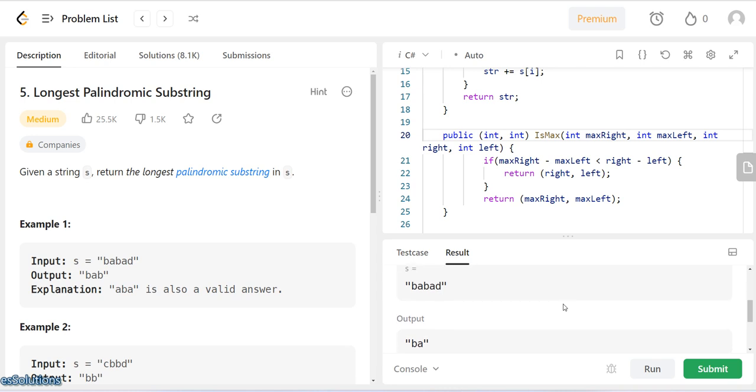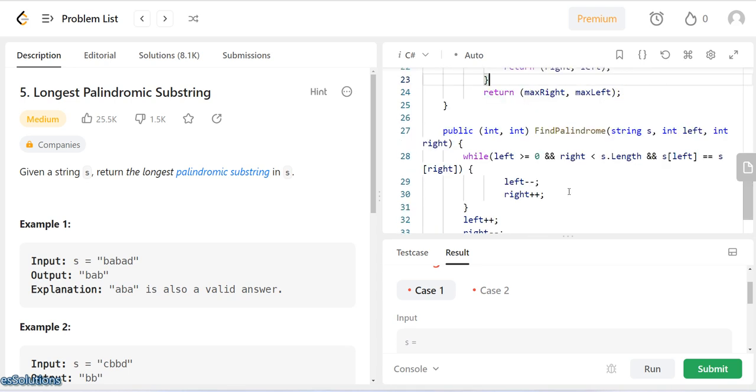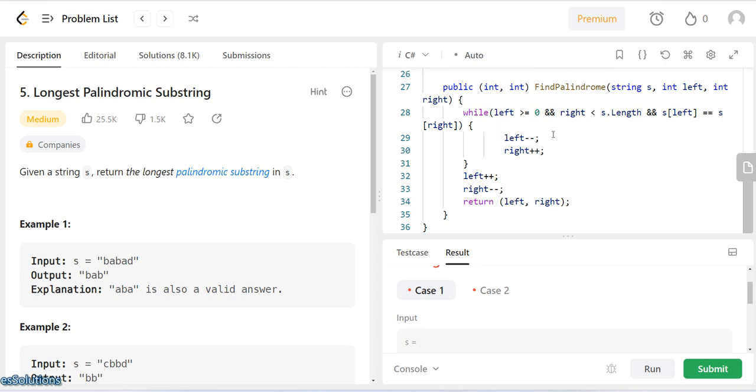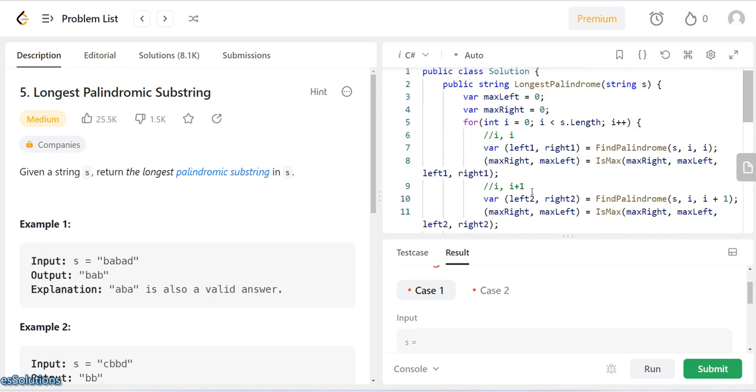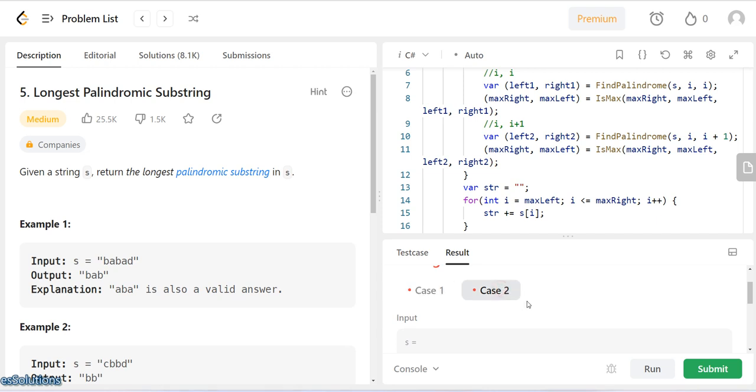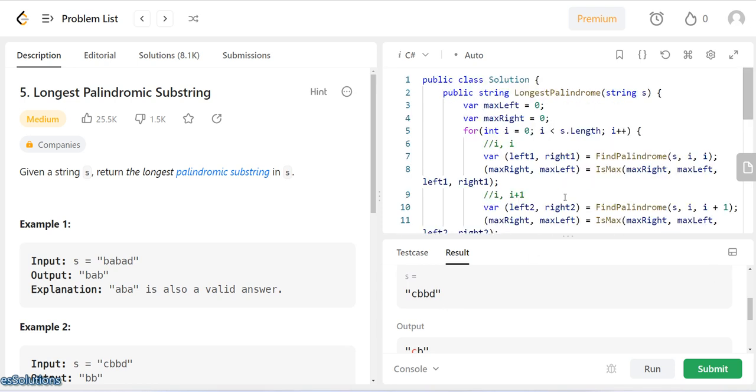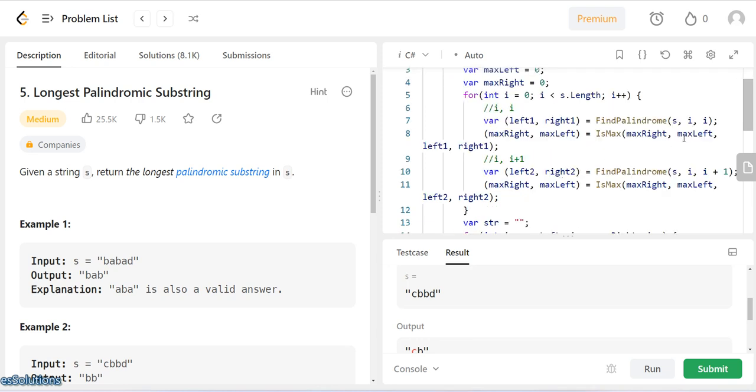We are missing something there, so let's look at that and see where we could be missing it. Let's go through it again. So this, our left and our right, this looks fine, and we're checking if it's the max and we're putting it back there. Everything seems fine, i plus plus, this should work, but for some reason it does not.